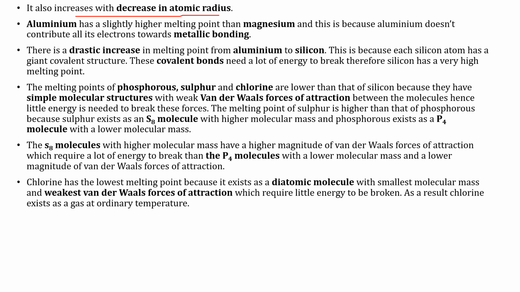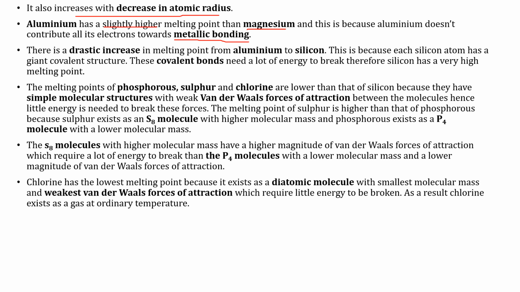Now we are saying that aluminium has a slightly higher melting point than magnesium. And why is it slightly higher? Why isn't it very high? You are saying that it's slightly higher because aluminium doesn't contribute all its electrons for metallic bonding.